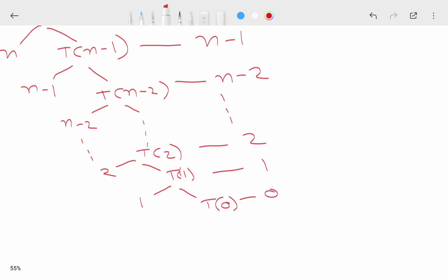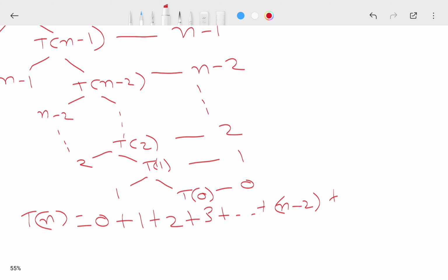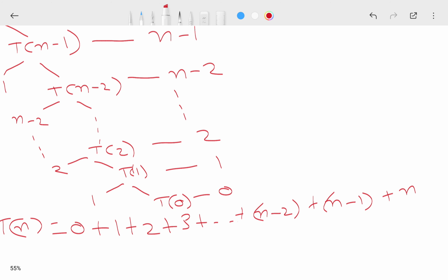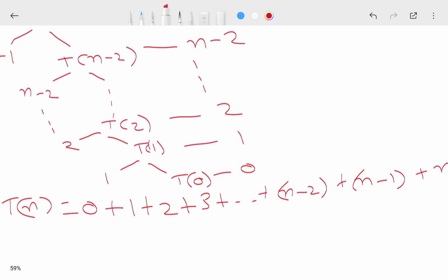So the total time needed to complete the execution of this recursive function is t of n equal to 0 plus 1 plus 2 plus 3 plus, so up to n minus 2, plus n minus 1, plus n.